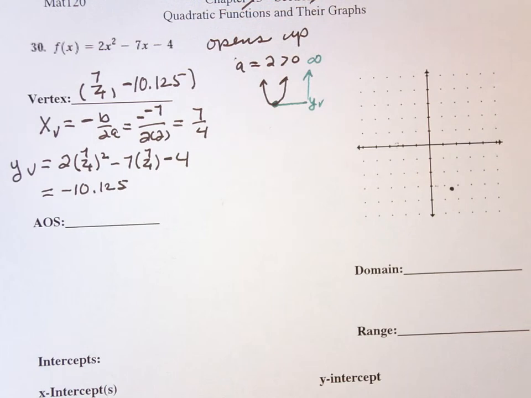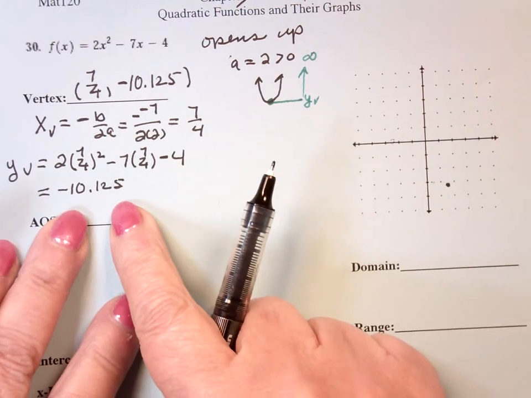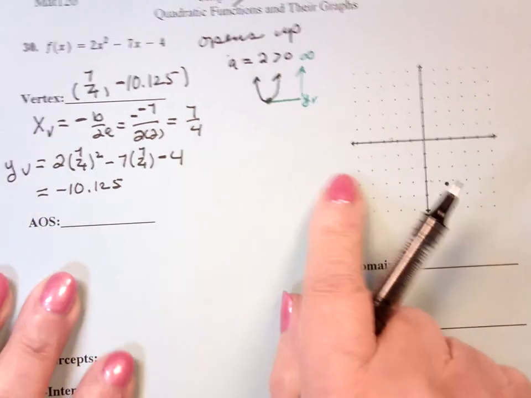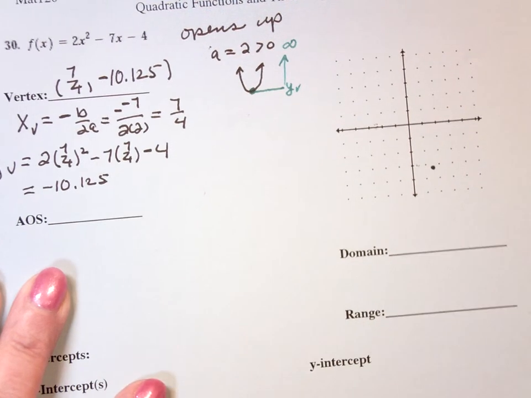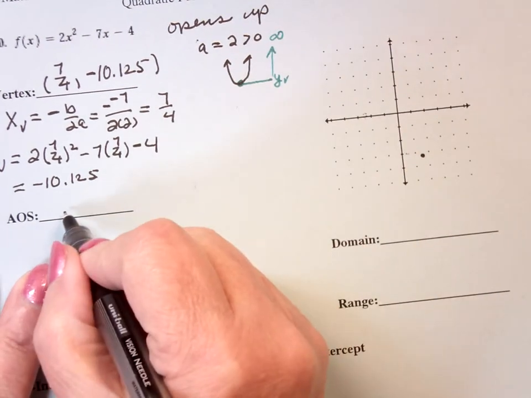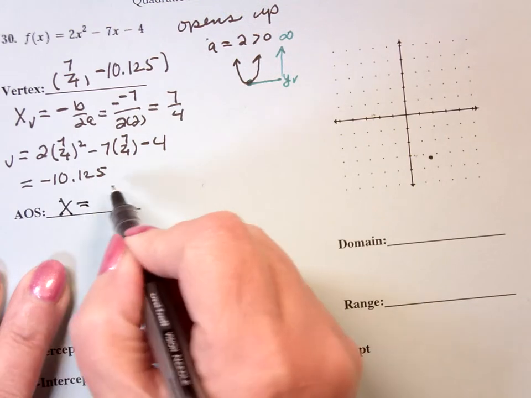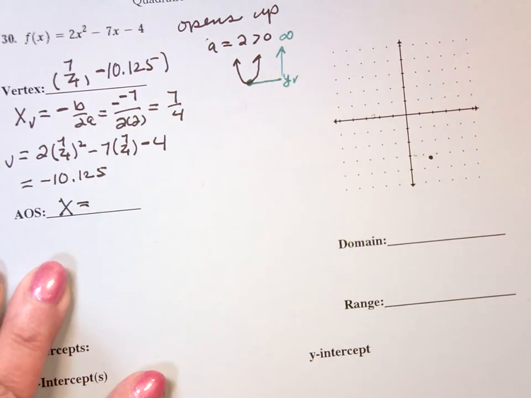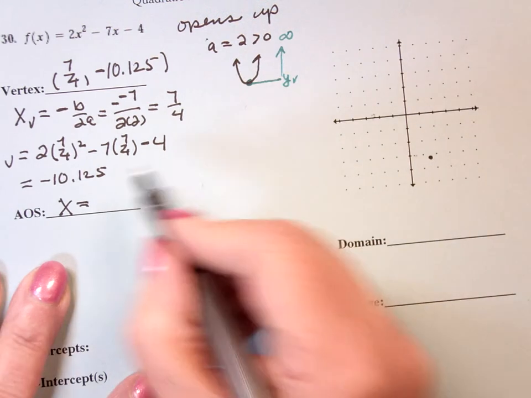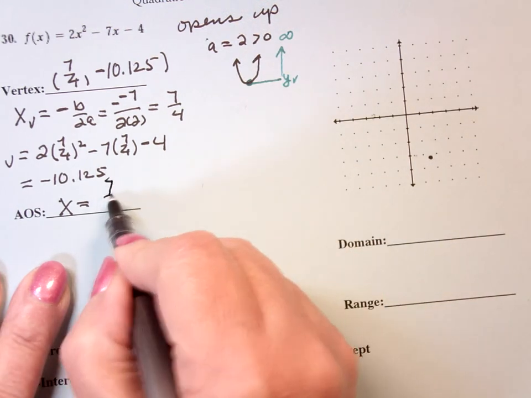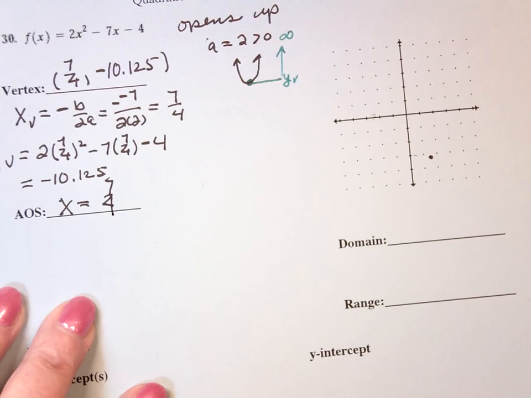But the decimal form of it is just as meaningful as well. What's the axis of symmetry? X equals what? X equals 7/4, which is 1 3/4.